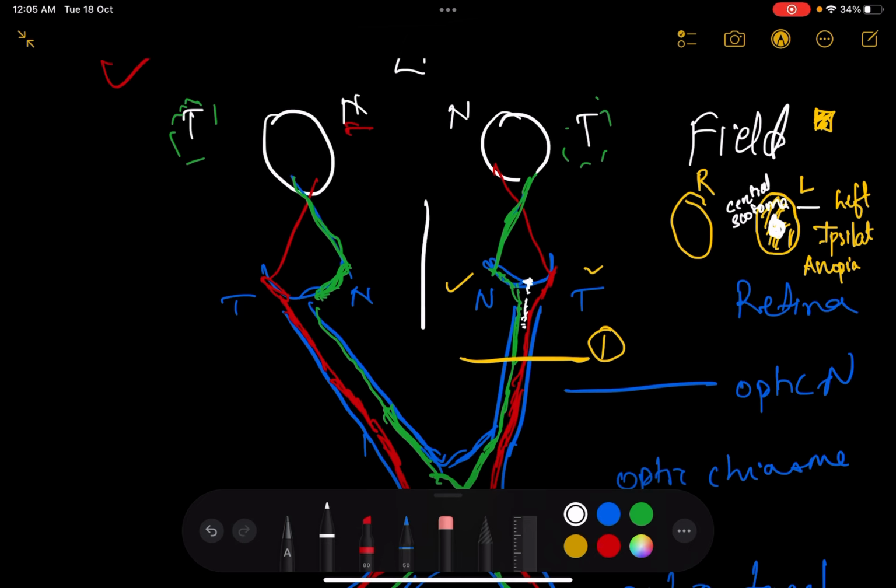What about the causes of a central scotoma? Well, the central scotoma, or even the left optic nerve lesion, that's the left ipsilateral anopia, is caused by optic neuritis. And optic neuritis is caused by multiple sclerosis, MS, that we commonly call. There's something called hereditary optic neuritis, which is Leber hereditary optic neuritis, Leber syndrome.